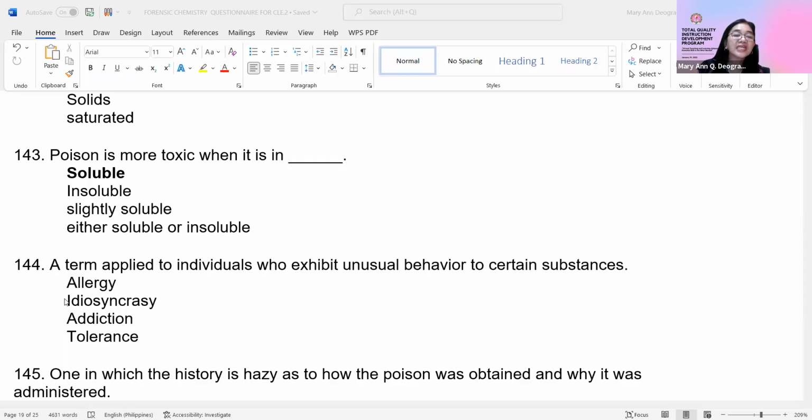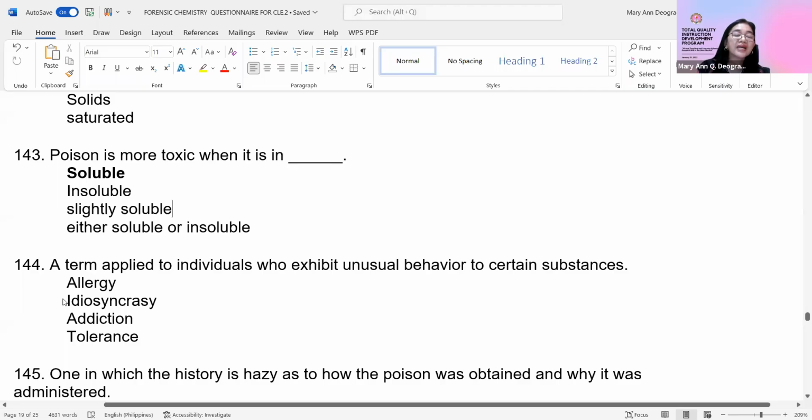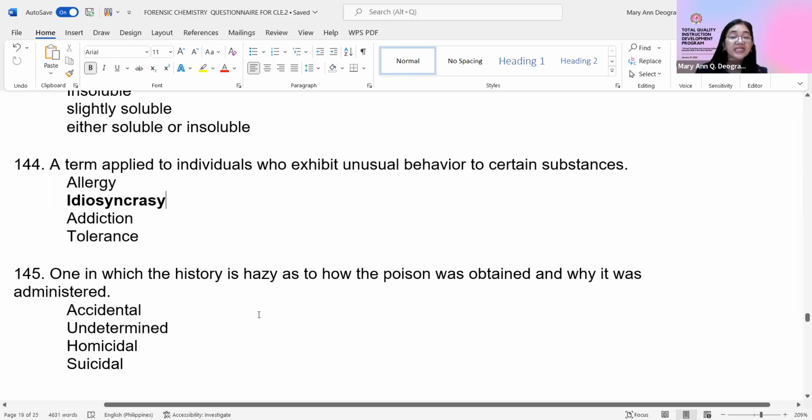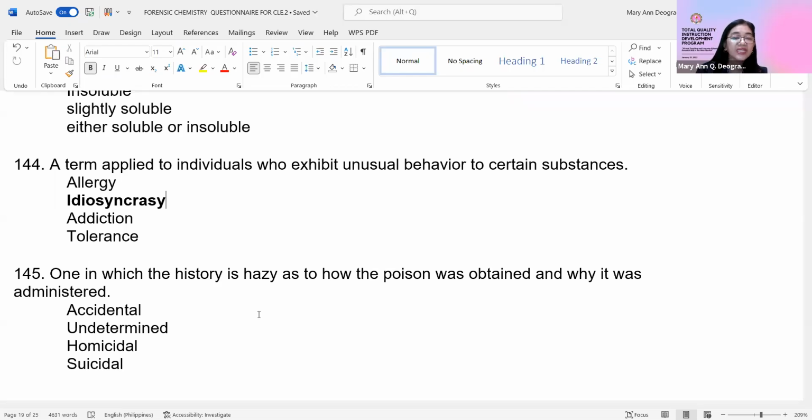So, idiosyncrasy, anong example dito? Yung namumula ang skin pagka umiinom, hindi allergy yun ha. That's idiosyncrasy. One in which the history is hazy as to how the poison was obtained and why it was administered. Is it accidental, undetermined, homicidal, suicidal?